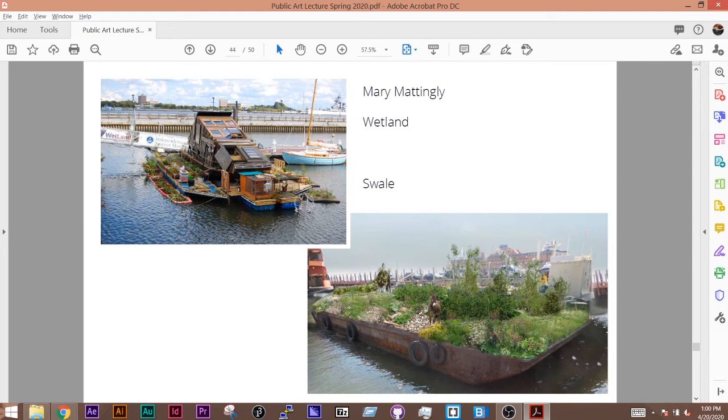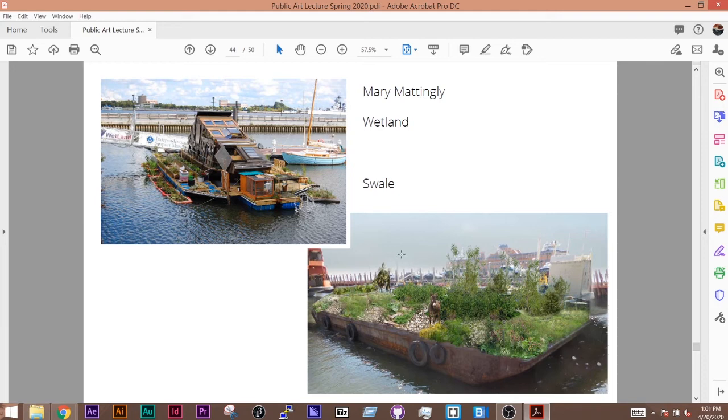And so what she did is she got around that by getting a barge and filling it with edible plants, and in that way became outside the park system. People could come and harvest crops, learn about growing food, and it's continued on. So I think it was started about 4 or 5 years ago, and it's still continuing.